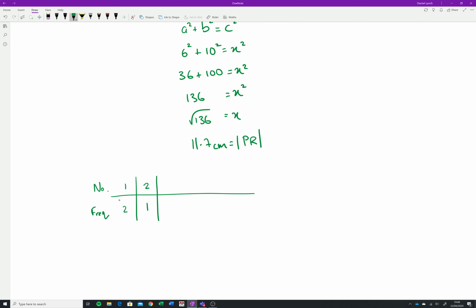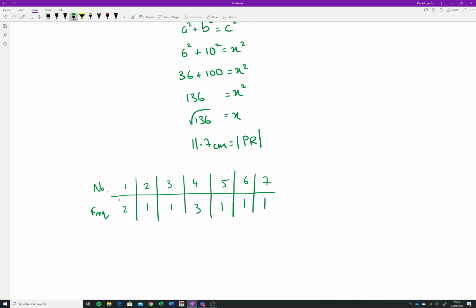That's nice and confusing. 3 comes up once. 4 comes up 3 times. 5 comes up once, as far as I can see. 6 comes up also once, and 7 comes up once, as far as I can tell also.